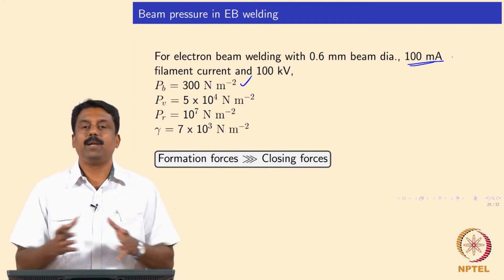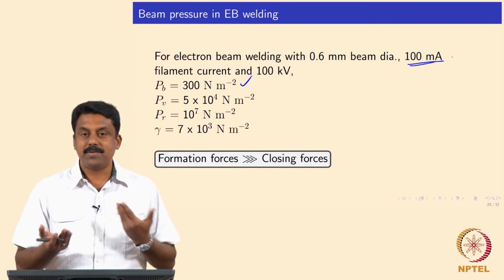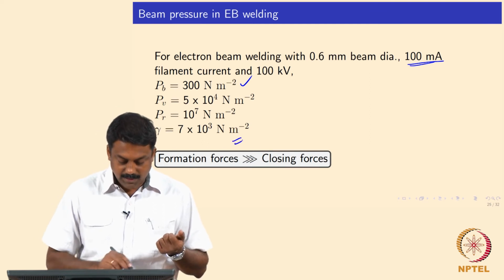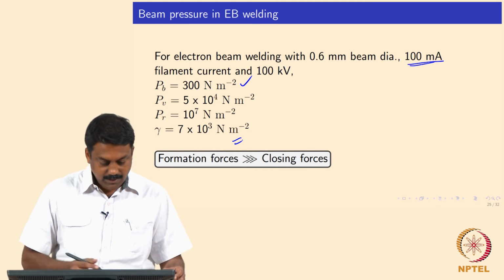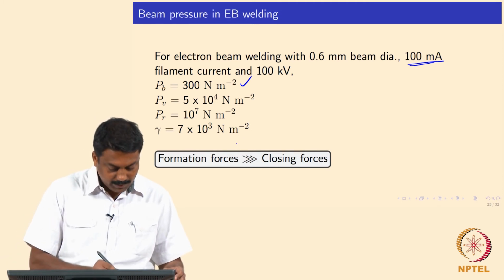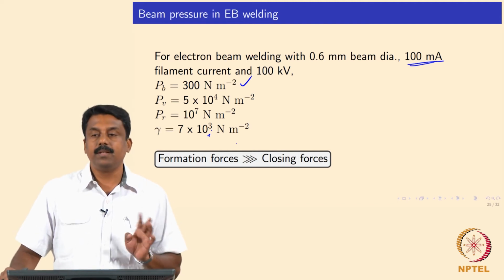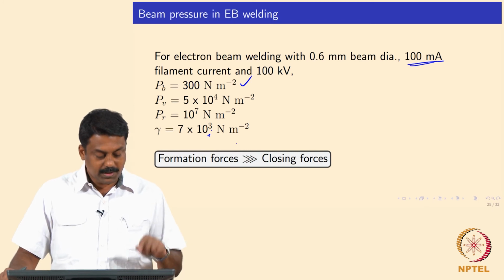Now, the keyhole cannot be closed, because compared to the beam pressure, the surface tension and the gravity are negligible. Okay. So, surface tension is the formation pressure, I think it is -3, I will check it and then correct. The surface tension is much lower, and gravity is much lower compared to the beam pressure, the vapor pressure and the recoil pressure.